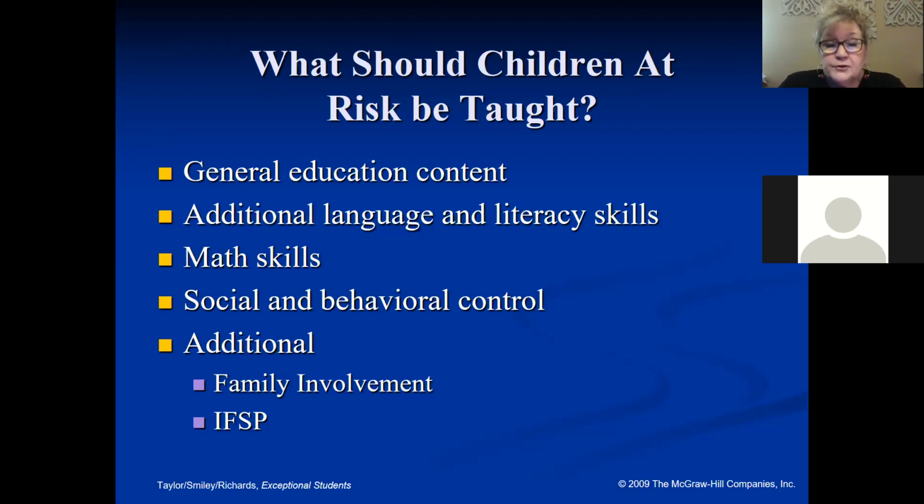Social and behavioral control, getting along with their table mates, learning how to sit on the square on the carpet, learning how to follow instructions, learning how to walk in a line, sit in your spot, keep your hands to yourself, all of those kinds of things that are part of the social norms of a classroom.